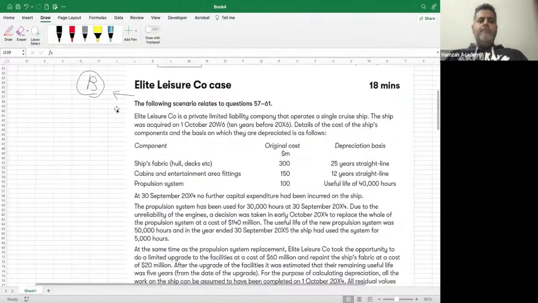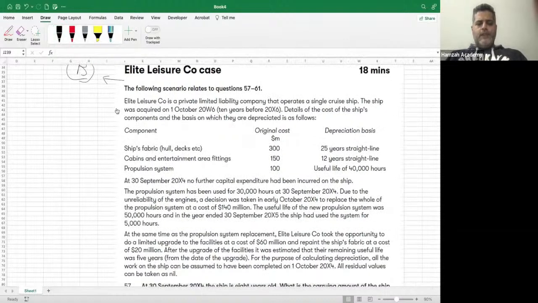This is one of the MTQs that we have over here about which I'm going to talk to you. So if I now go ahead and talk about this one over here, we are going to have a scenario.